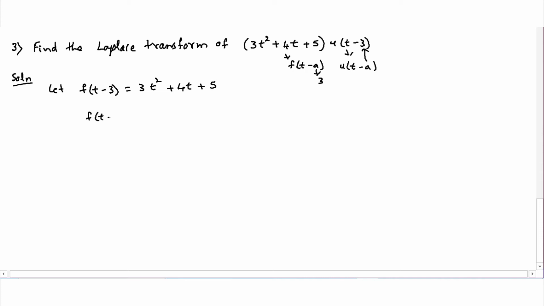But here I need to get t. Therefore, because minus 3 is there, to neglect this minus 3 I have to add plus 3. So on the right hand side also you need to add plus 3. So t plus 3, it becomes whole square plus 4 times t plus 3 plus 5.